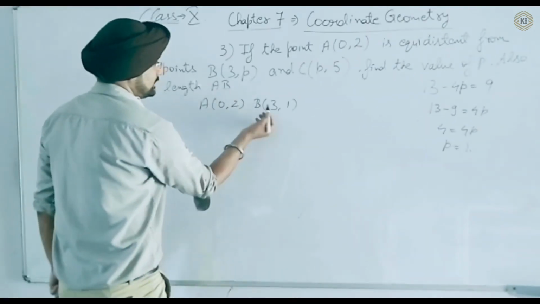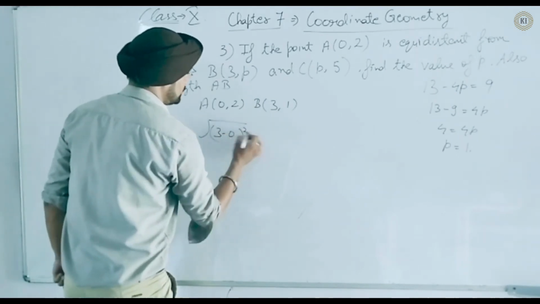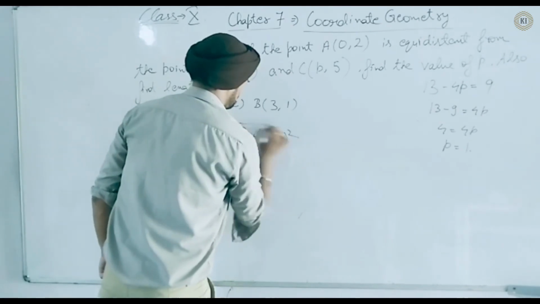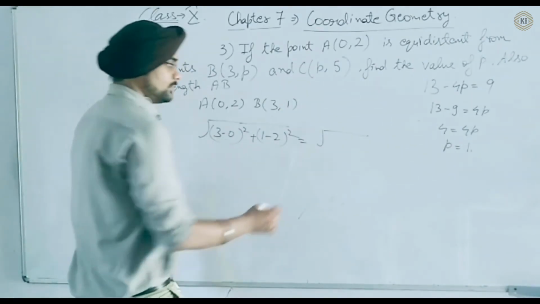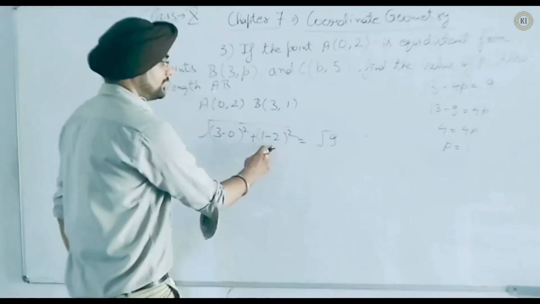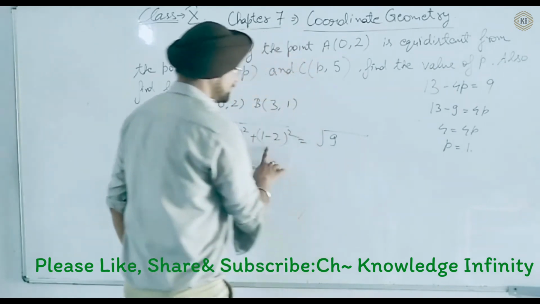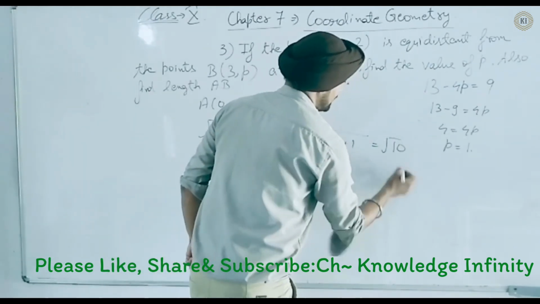That is square root of (3 minus 0) whole square plus (1 minus 2) whole square. So 3 minus 0 is 3, square is 9. 1 minus 2 is minus 1, whole square is 1. So it is under root 10.